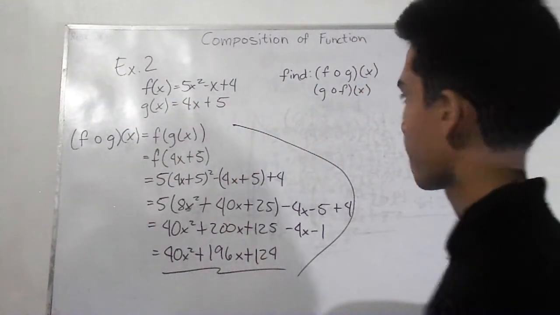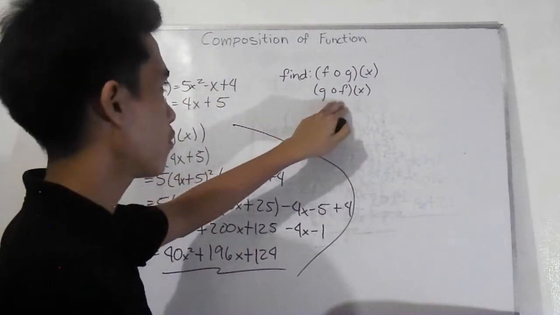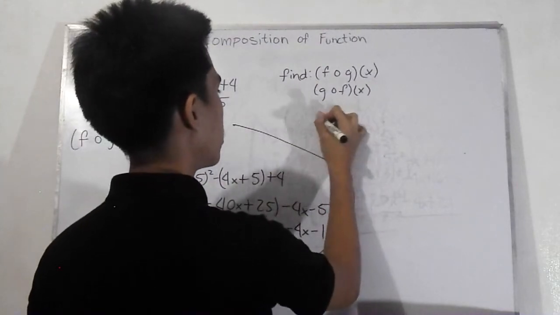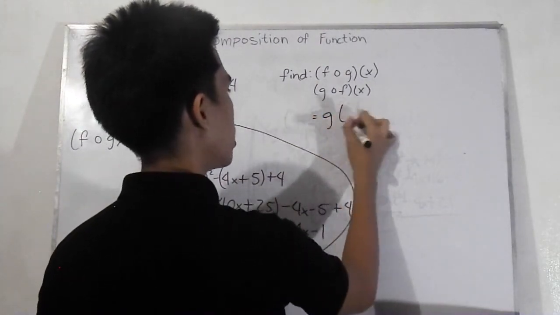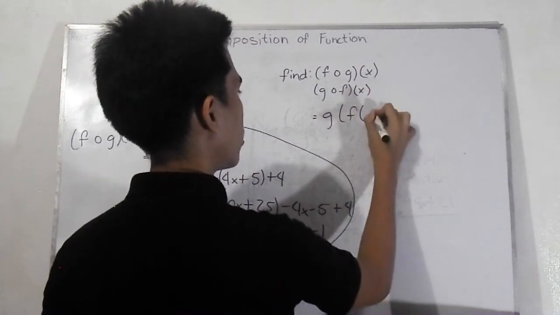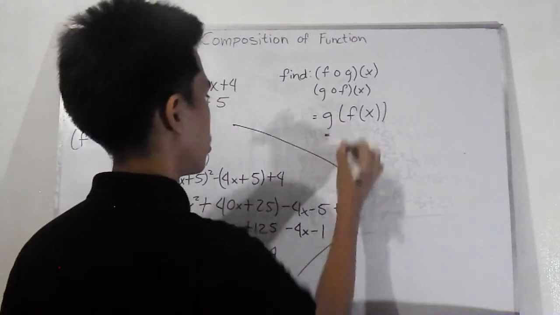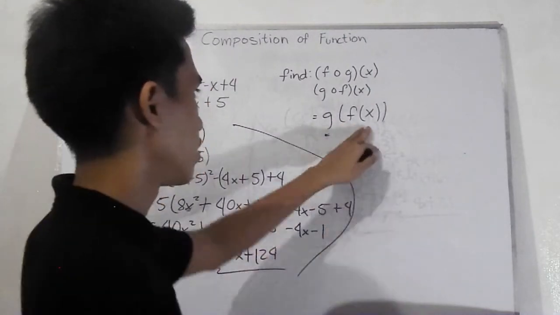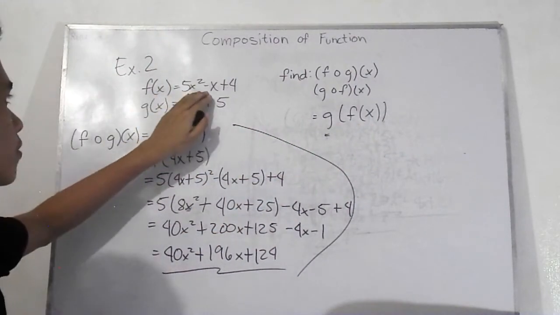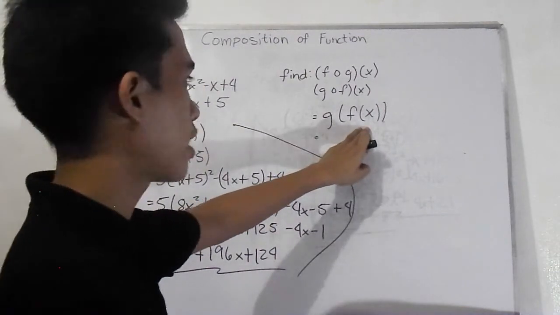Next, we will find the g composition of f of x. So g of f of x. So the value of f of x. So we need to substitute the value of x.